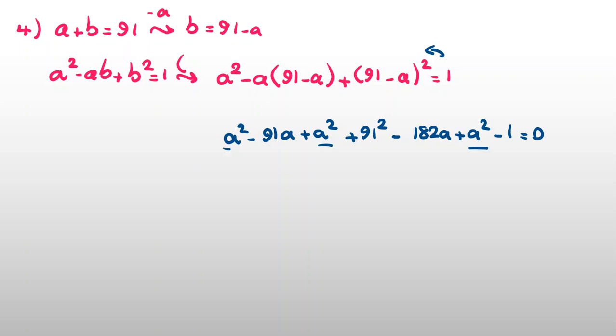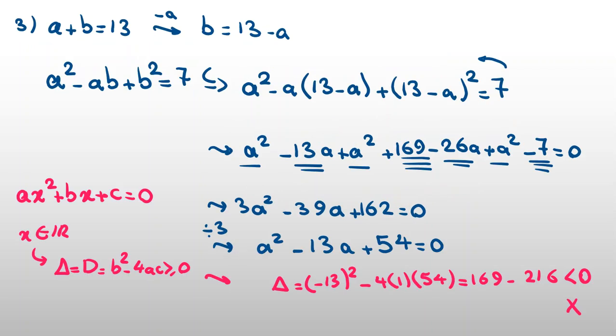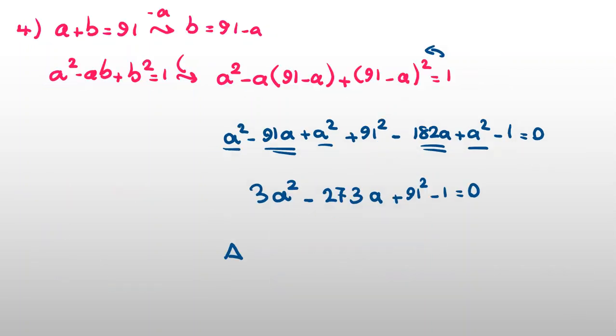It will be 3a squared, this part plus this part will be negative 273a, and plus 91 squared minus 1 equals 0. So here, I want to calculate delta from the previous part. It was b squared minus 4ac.